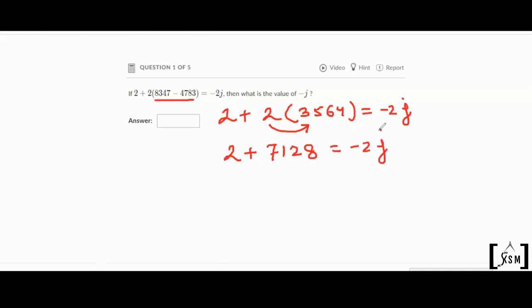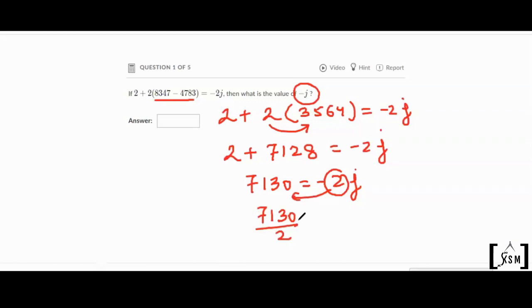And then adding 2, we get 7130 is equal to negative 2j. Please understand, what we have to find is the value of negative j. So we'll not bring negative 2, we'll just bring 2 down because 2 will come in division. So 7130 over 2 is equal to negative j.